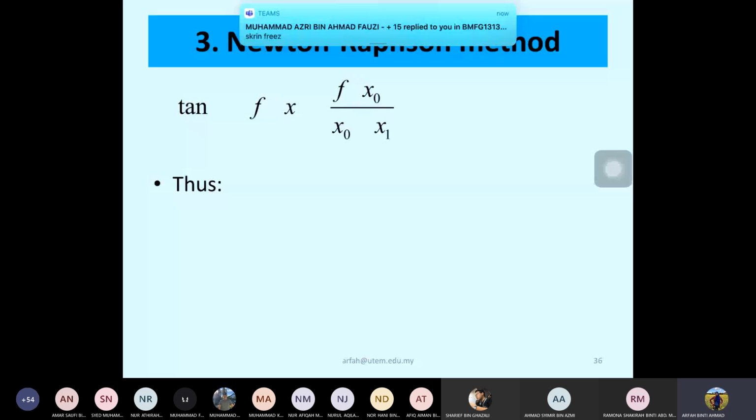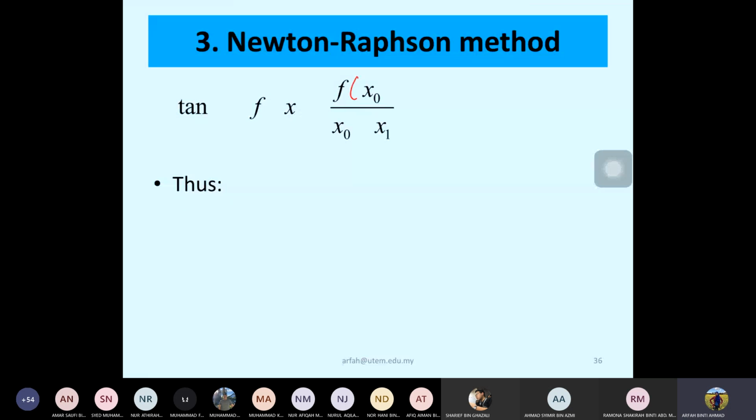So tangent of fx equal to f minus f of x naught minus x1. Okay. this one.